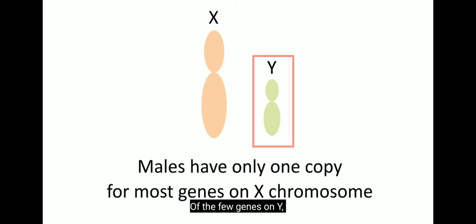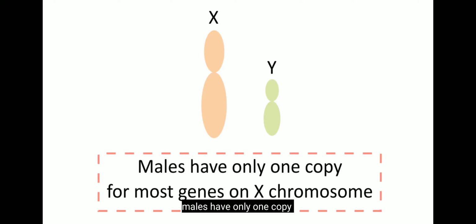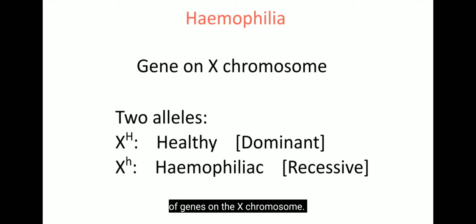Of the few genes on Y, many are unique to males and not present on X. Since most genes on X and Y are unique, males have only one copy of genes on the X chromosome. Let's explore the inheritance of genes on the X chromosome.